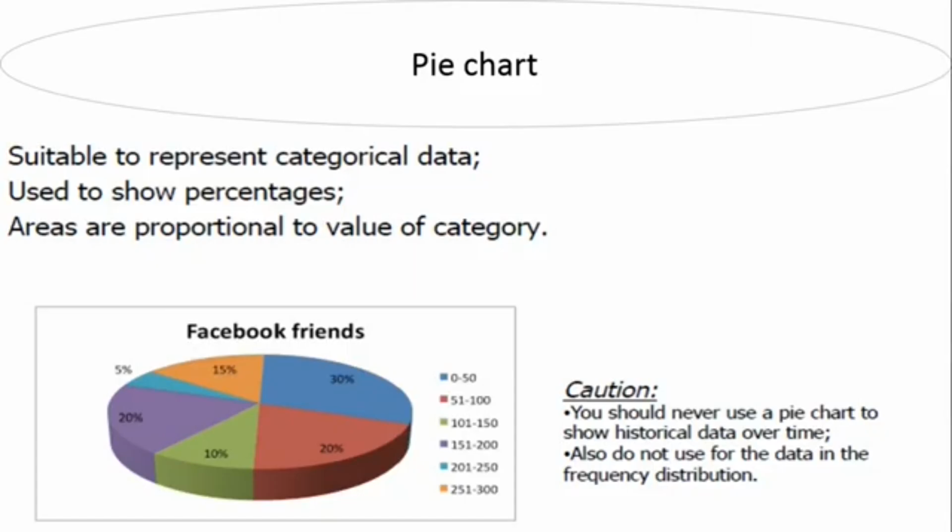So a pie chart is very suitable to represent categorical data, used to show percentages; the areas are proportional to the value of each category.